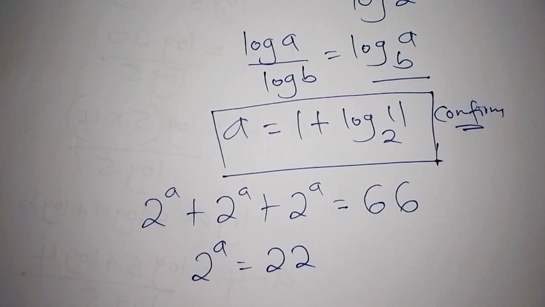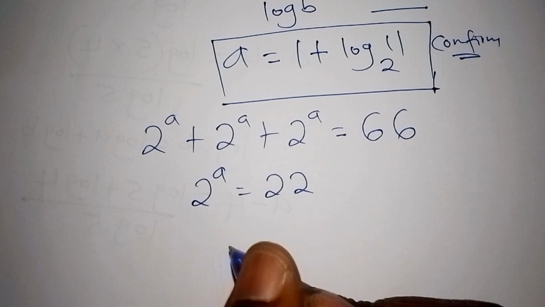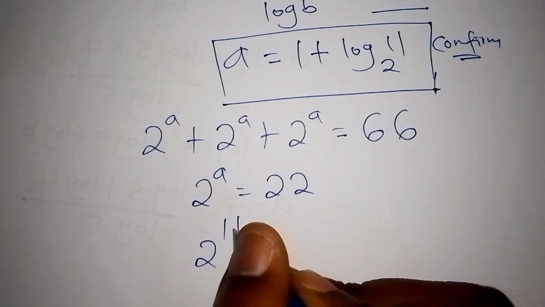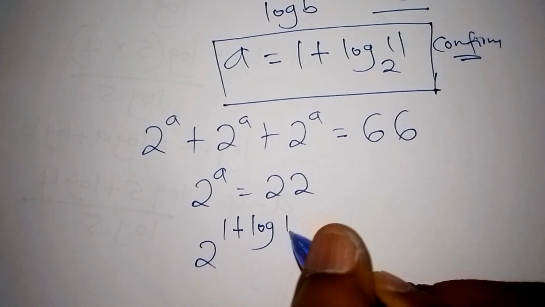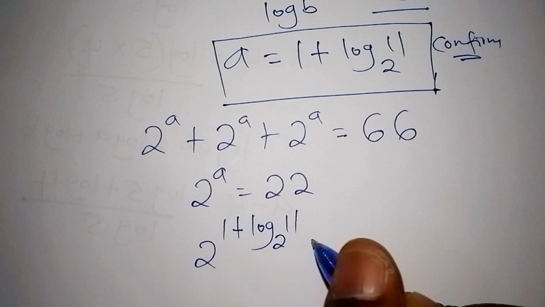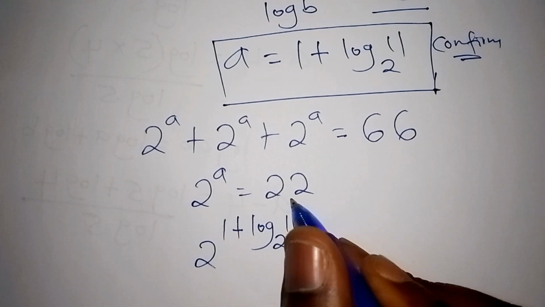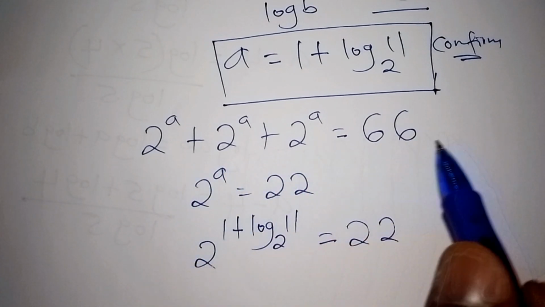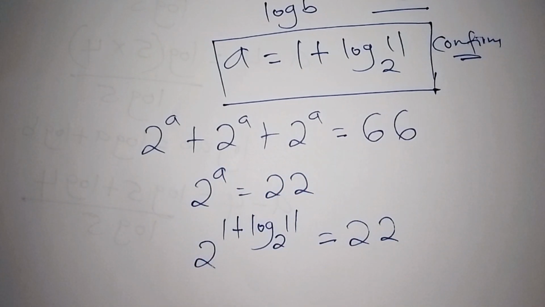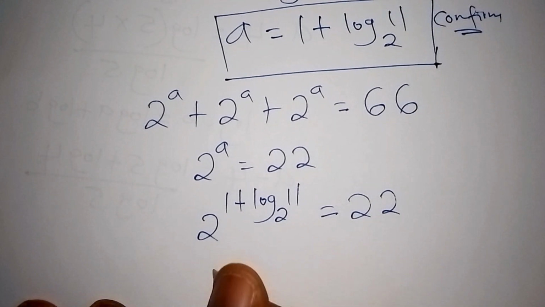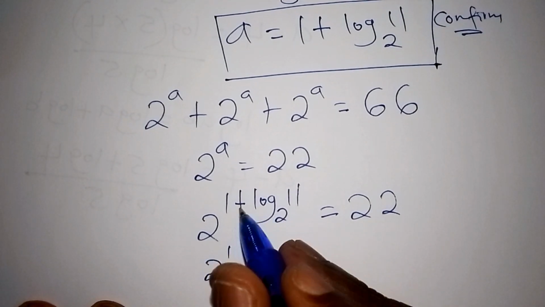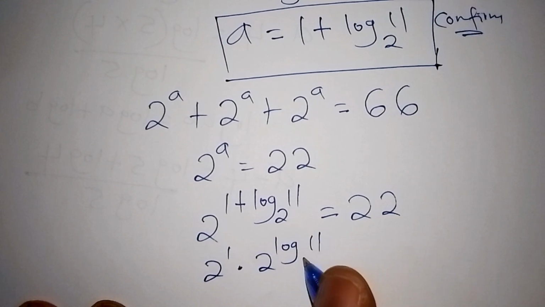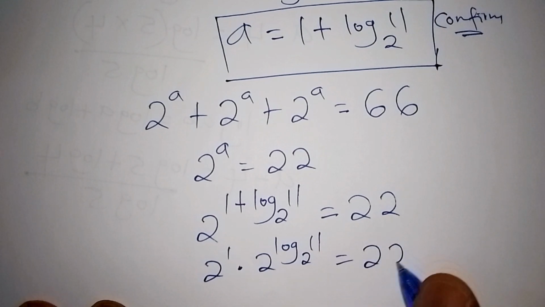So let's work it out. Now 2 to the power of a, and our value for a is 1 plus the log of 11 to the base of 2, which should equal 22. So here we have 2 to the power of 1, then instead of addition we multiply by 2 to the log of 11 to the base of 2, is equal to 22.